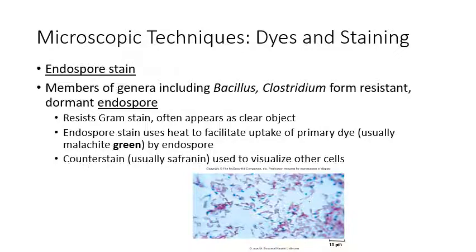But that tiny little endospore can survive and just wait it out until conditions are good again, and then it can hatch out a whole new bacteria. So endospores, as you can imagine, make it hard to get rid of certain types of bacteria. The only bacteria that have them are those in the genus Bacillus and the genus Clostridium, but that makes them really difficult to get rid of because they can form those endospores. So to visualize endospores, we use an endospore stain, which is usually a malachite green color.